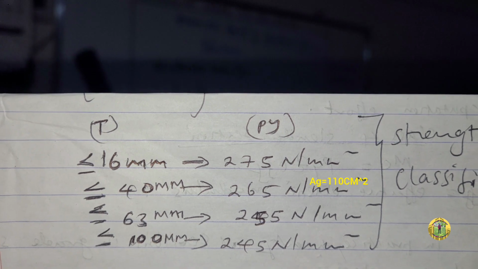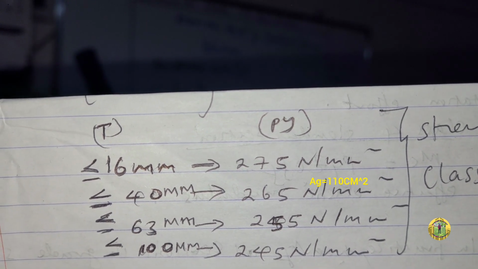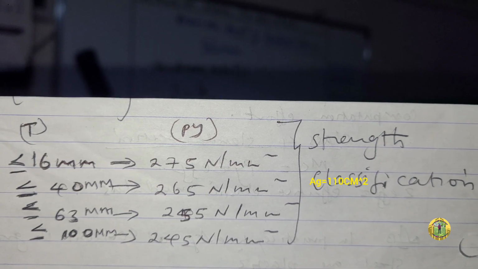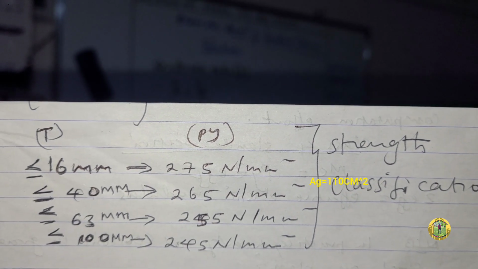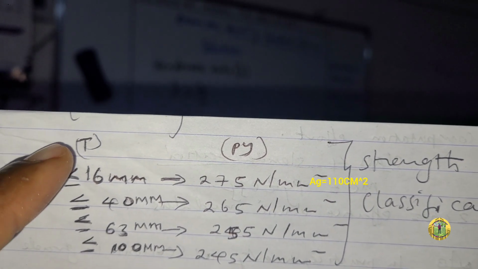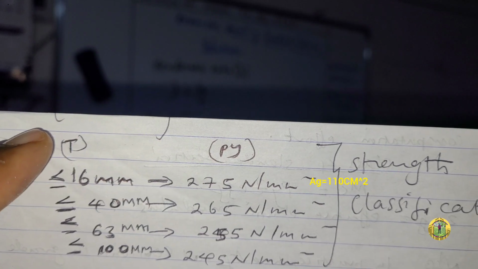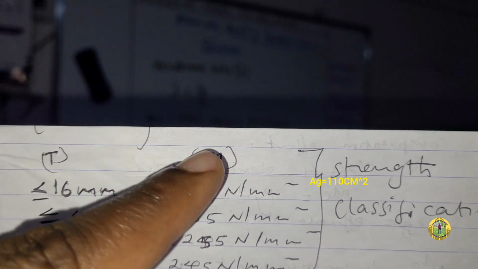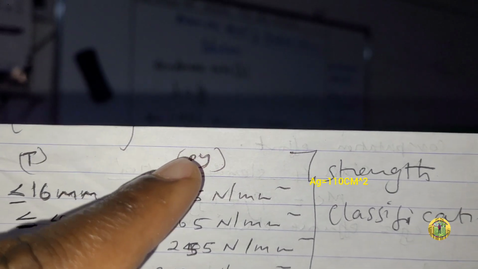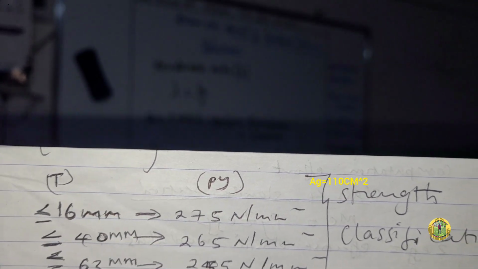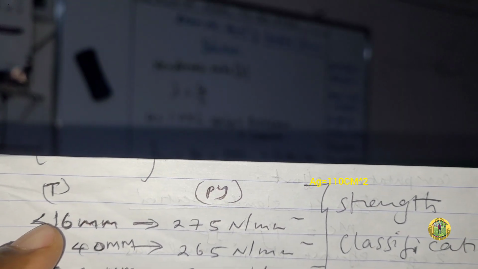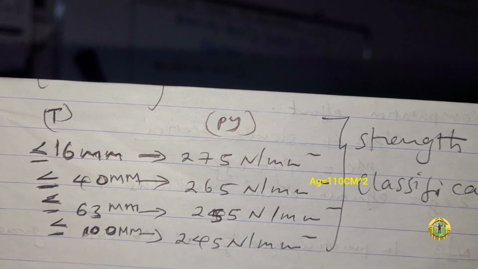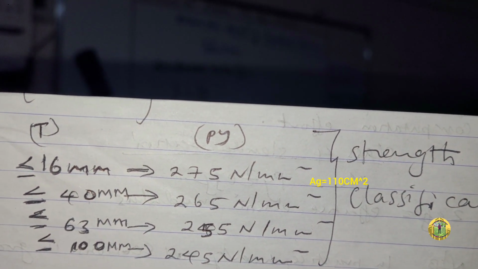This is the table, an extraction from BS 5950. As you can see, this is the T, the flange thickness, and this is the Py, the strength of the steel. If T is less than 16 millimeter, the strength will be 275 Newton per millimeter square.